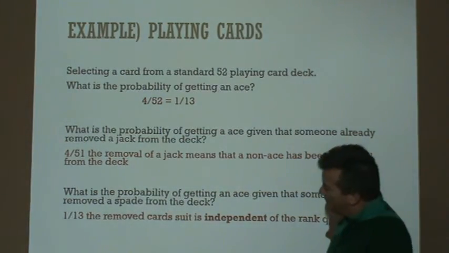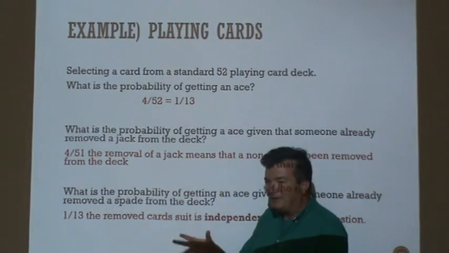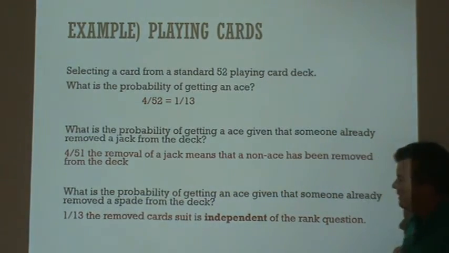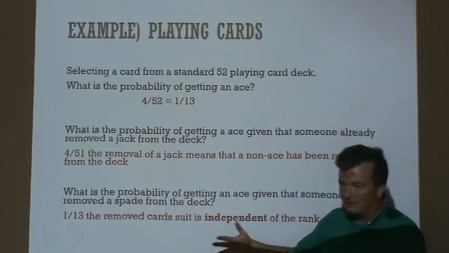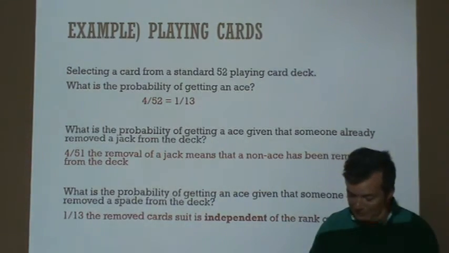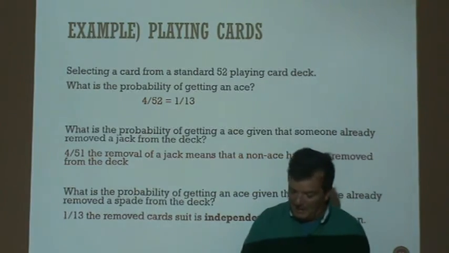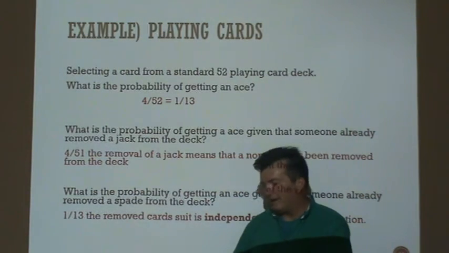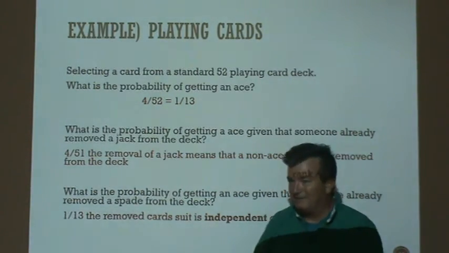Then sometimes there's information that kind of looks like it's conditional, but it actually doesn't change your answer. So what is the probability of picking an ace, given that somebody has removed one of the spades from the deck? So if I said you have 52 cards, and somebody came along, removed a card, and I could tell you, well, it was a spade.